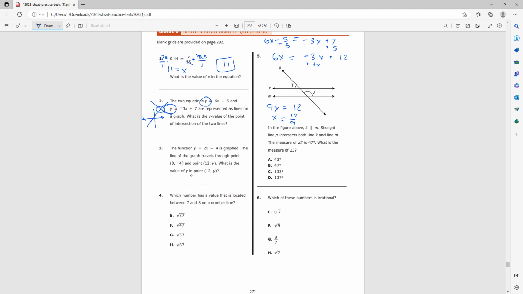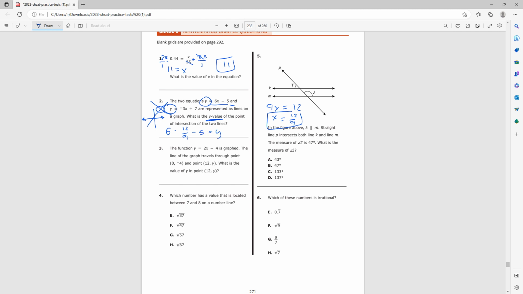Now be careful, it's asking us for the y value. So now what we have to do is plug in 12 over 9 for an x value in one of the equations. So I'll go do that real quick. So let's just do it for this equation. We'll have 6 times 12 over 9 minus 5 is equal to y.